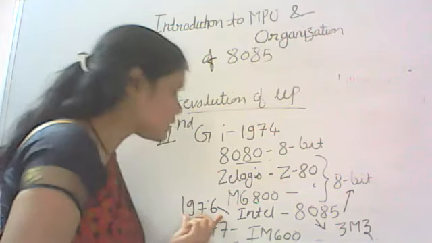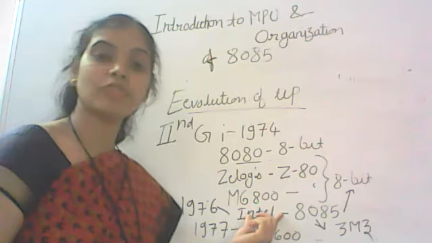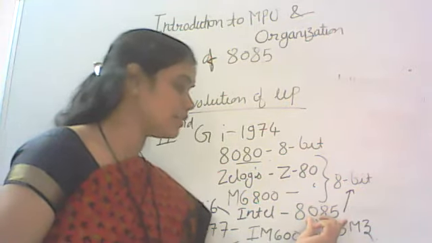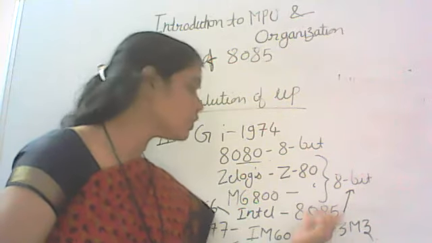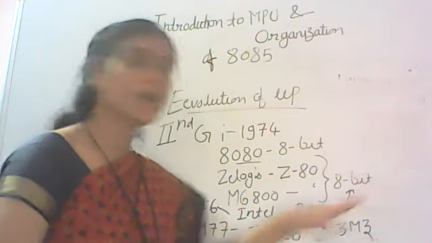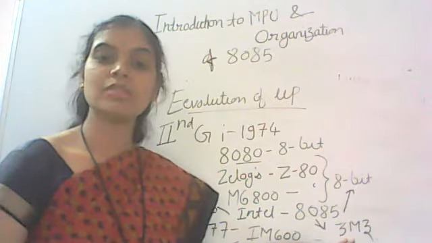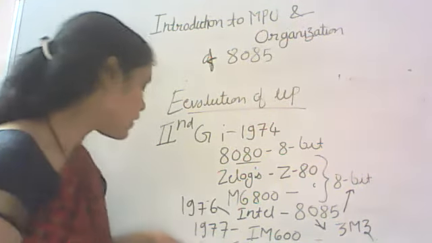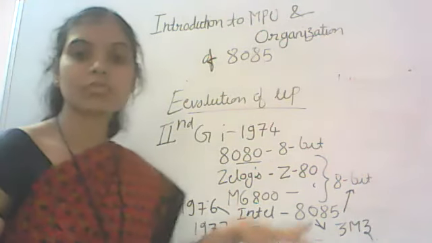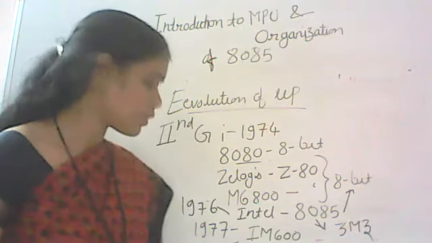In 1976, Intel introduced the first general purpose microprocessor, the 8085, which is part of our study. It is also 8-bit with a 3 megahertz clock frequency. In 1977, the 12-bit IM6100 was introduced.